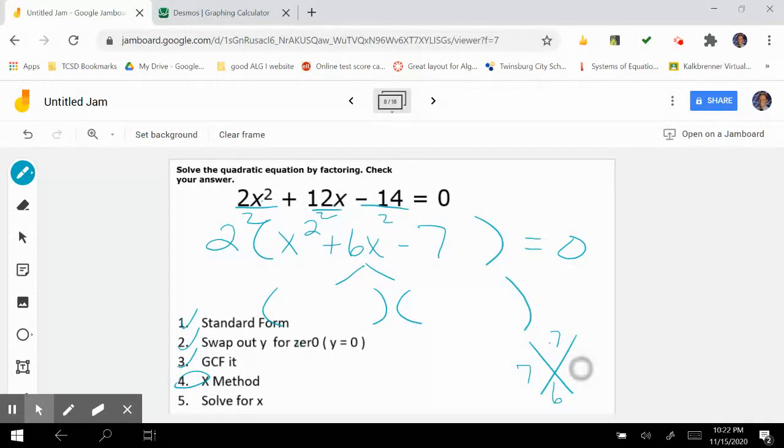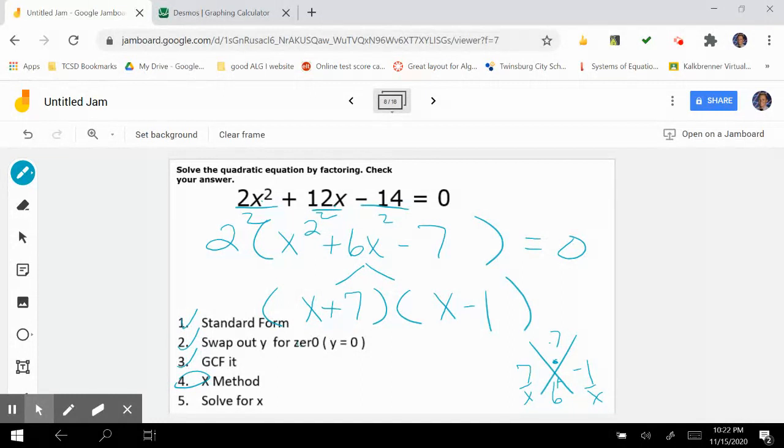We get 7 and negative 1. And again, I could do the bottoms up thing with just my AX on the bottom. My A is 1. So that's going to get me x plus 7, and it's going to get me x minus 1. Because again, when I multiply these two, I get negative 7. When I add them, I get positive 6.